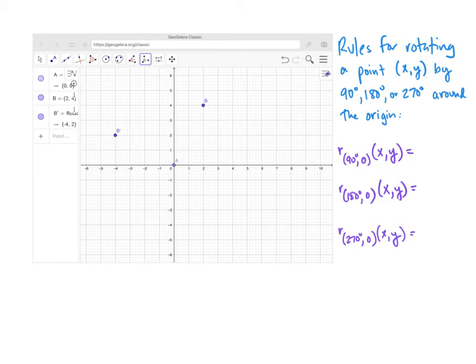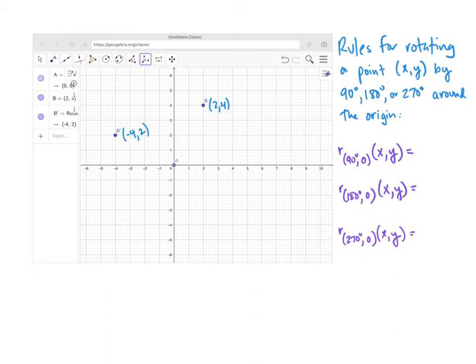So the coordinates of B were 2, 4, and the coordinate of B prime is -4, 2. So that's interesting. You'll notice there's a couple things that happened here. First of all, the actual numbers flipped, right? So 2 and 4, the 2 flipped spots, and then the 4 flipped spots. And then the 4 actually changed its sign as well. I wonder if that would always happen when we rotate 90 degrees about the origin.